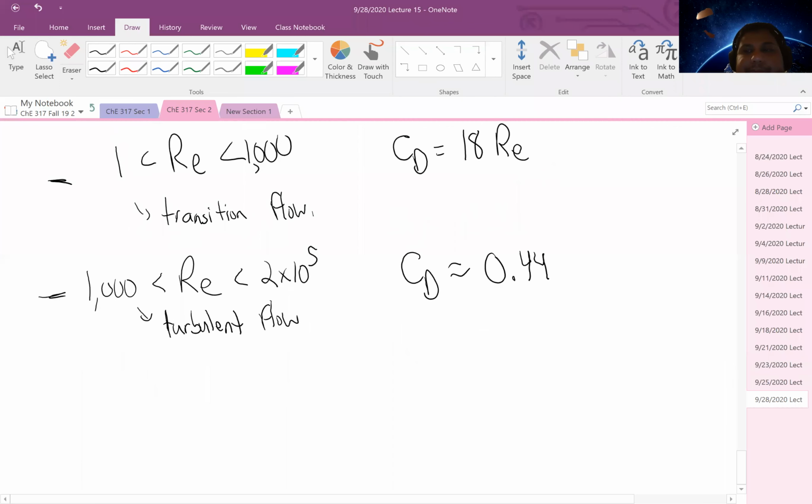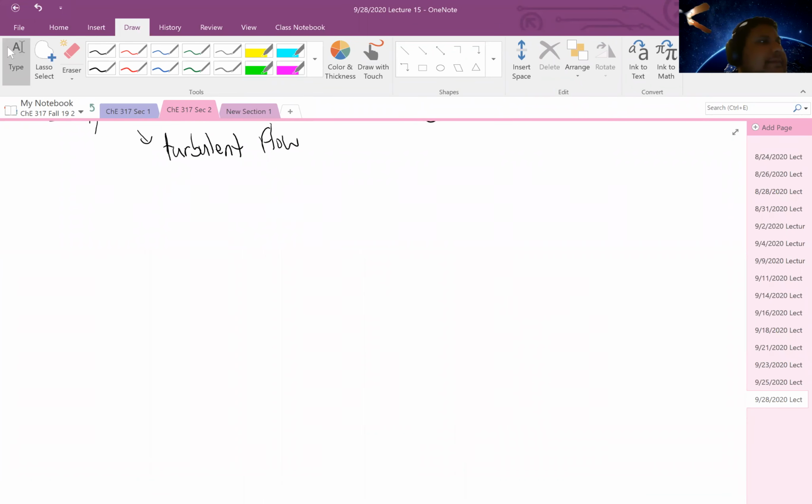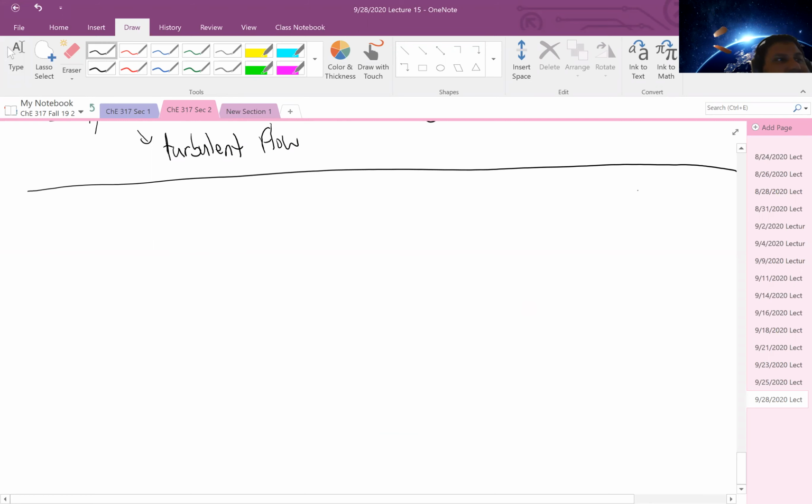All right. Now let's move to our next point of discussion for the day, which is applying these concepts in a different sense, such that we can consider the determination of a terminal velocity.